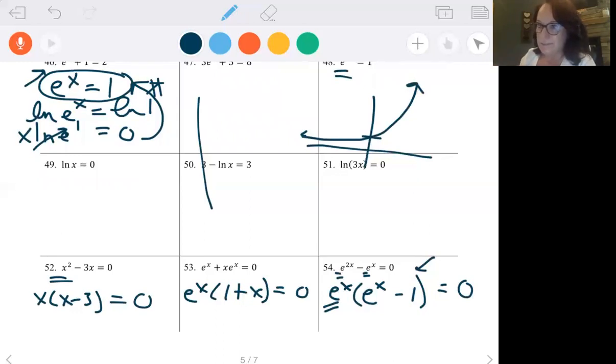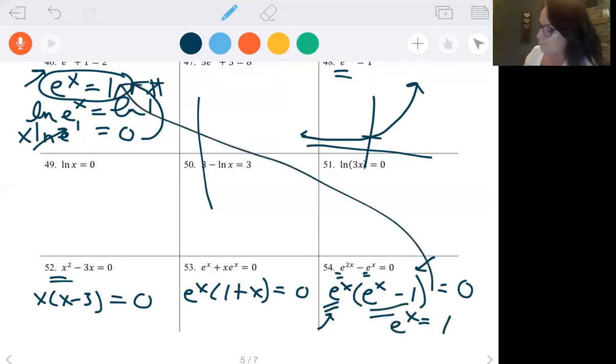Well, you can't raise any base to a power and get a 0. So this isn't going to provide you with a solution. For this one, I'd need e to the x to equal 1. And again, we just talked about that up here. So this would have one solution, and that would be at x equals 0. You could go test it. We'd have e to the 0 minus e to the 0 equals 0.